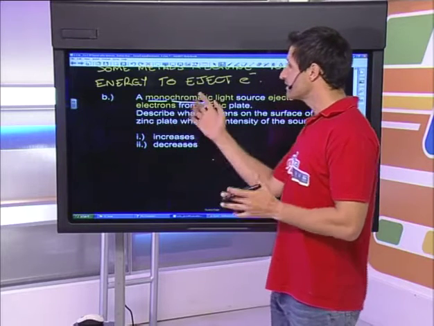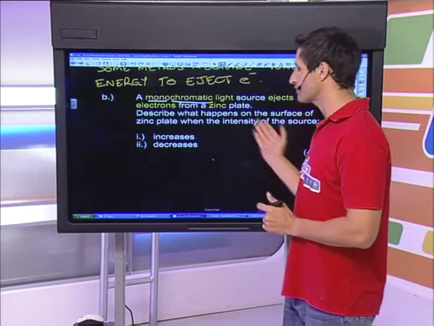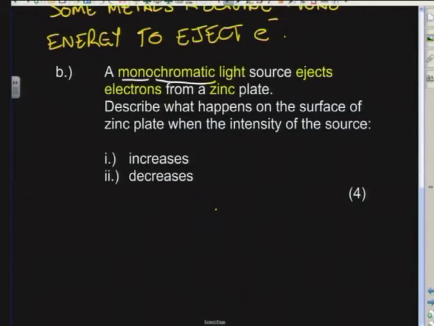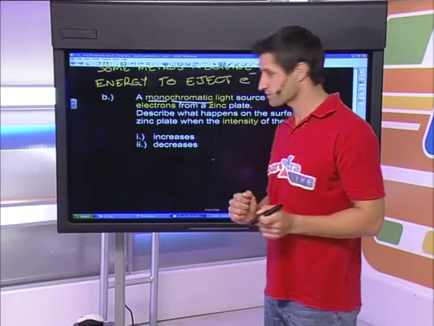It says, describe what happens on the surface of a zinc plate when the intensity of the source increases or decreases. Intensity is to do with whether we're thinking of light as a particle or as a wave. Since we're doing the photoelectric effect, we talk about particles.